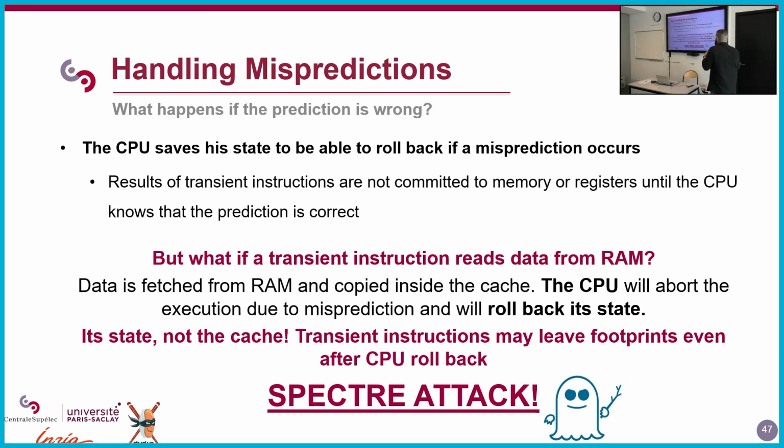So, injecting a misprediction, we can induce the processor to put some data into the cache. We are injecting a misprediction, okay? And the CPU will refresh and will roll back to the state, but not the cache. And that's a Spectre attack.